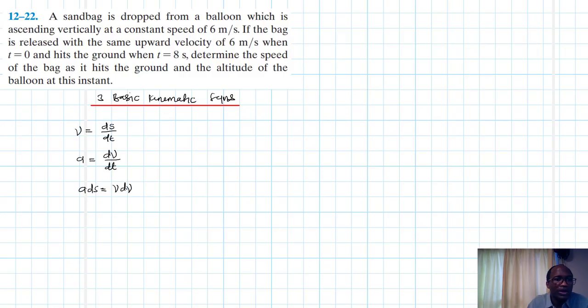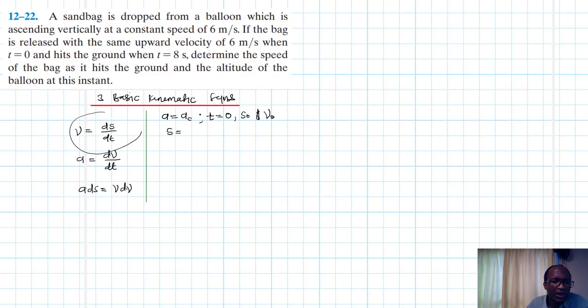From the three equations, we are going to derive three more equations. These equations are derived when acceleration is constant, a_c, at t equal to 0. We have s naught and v naught. Using these boundary conditions, we integrate these equations.